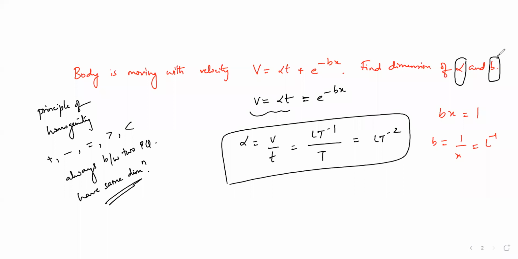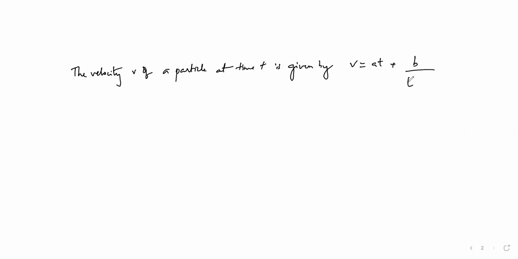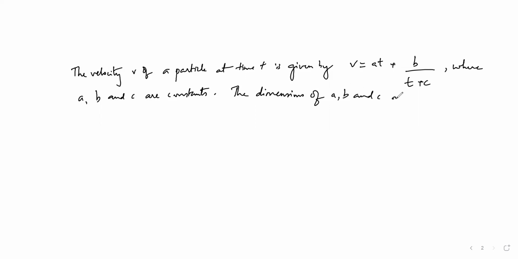Yes, sir. Great. Look. The velocity v of a particle at a time t is given by v is equal to at plus b by t plus c, where a, b and c are constants. The dimensions of a, b and c are dash.